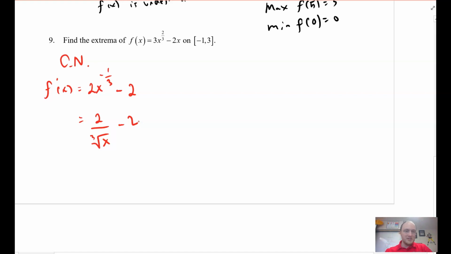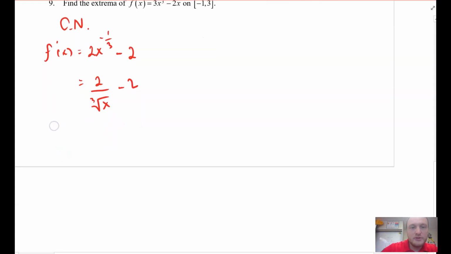Okay? So what we want to do is a couple of things. I want to set this equal to 0. So I'm going to set it equal to 0. This gives us 2 is equal to 2 divided by the cubic root of x. Okay, I'll multiply both sides by the cubic root of x.